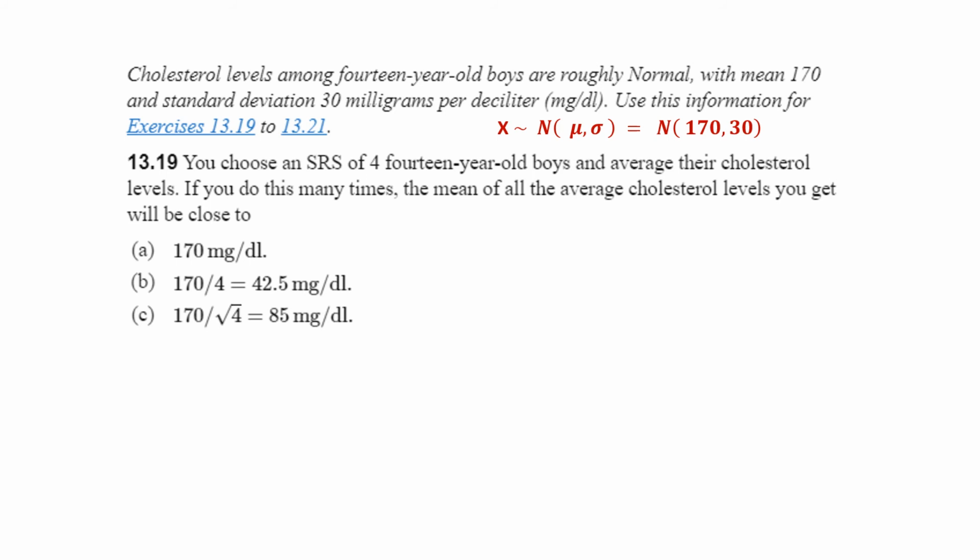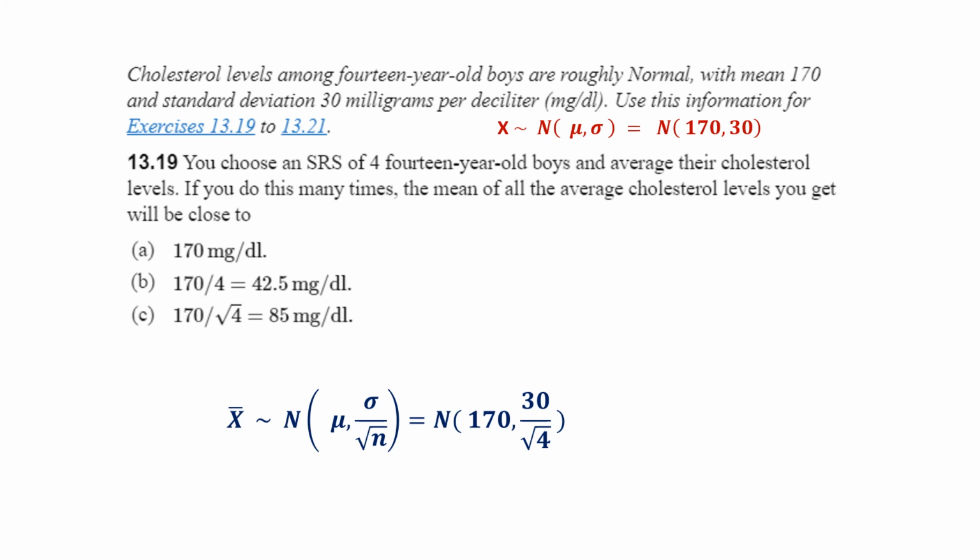See the average cholesterol level. Earlier we talked about the cholesterol level, which is x. Now we are talking about the average cholesterol level, which is your X bar, not X. So X bar is normal with mean mu, standard deviation sigma by square root of n.